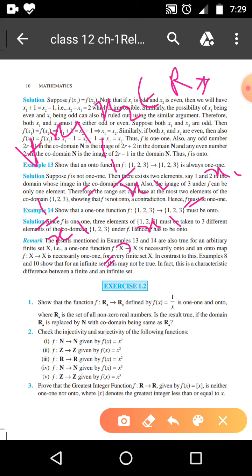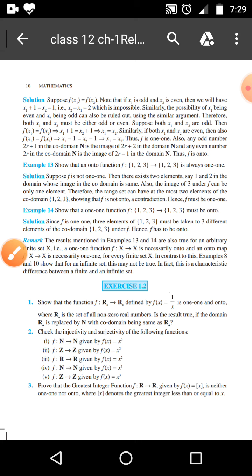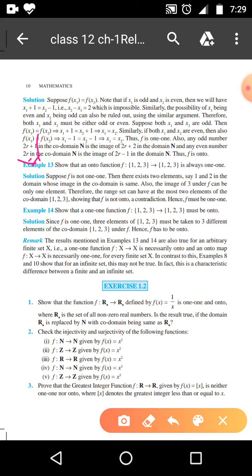And also if we see for each y belongs to R star, f of 1 upon y must be equal to y, hence it is onto also. So the given function is one-one and onto.